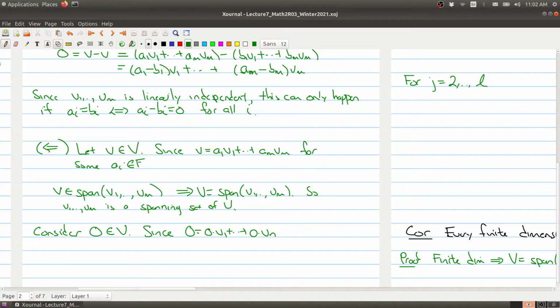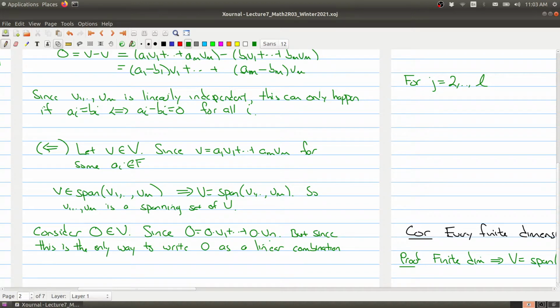Okay, so our vectors V1 through Vm satisfy the first property, that they're a spanning set. Next, we have to show that they're linearly independent. Let's consider the zero vector inside of V. Since the zero vector can be written as 0 times V1 plus 0 times V2 and so on, we have one way of writing the zero vector, but we're also given that this is the only way, because we're given that anytime we write a vector in terms of V1 through Vm, you can only do it one way.